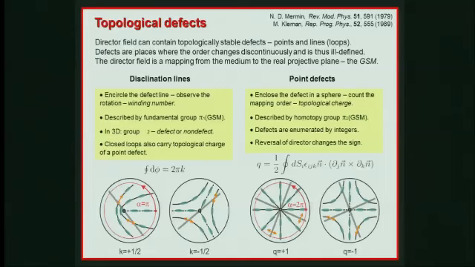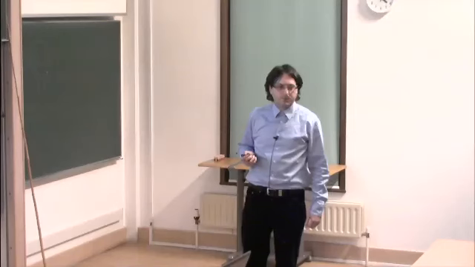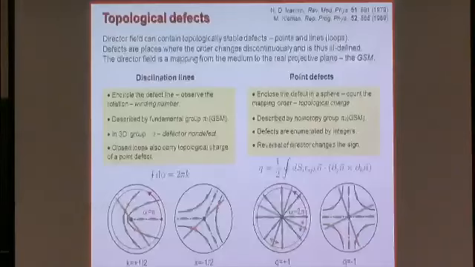Another kind of defects are point defects, which can be enclosed by a sphere, and then you can count the mapping order and thereby determine the topological charge. These defects are enumerated by integers. You can see here an example of a radial point defect and an example of a hyperbolic point defect.